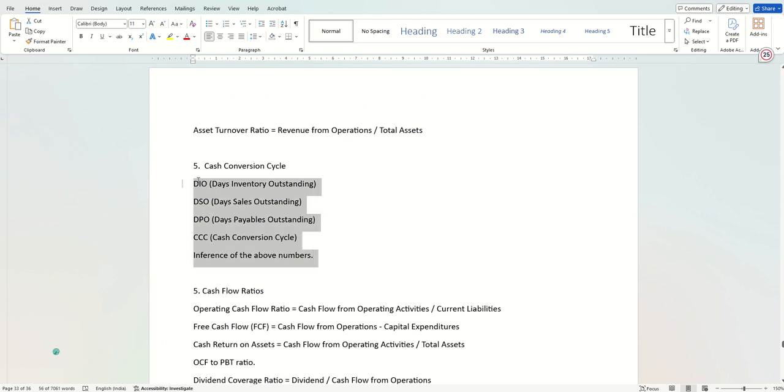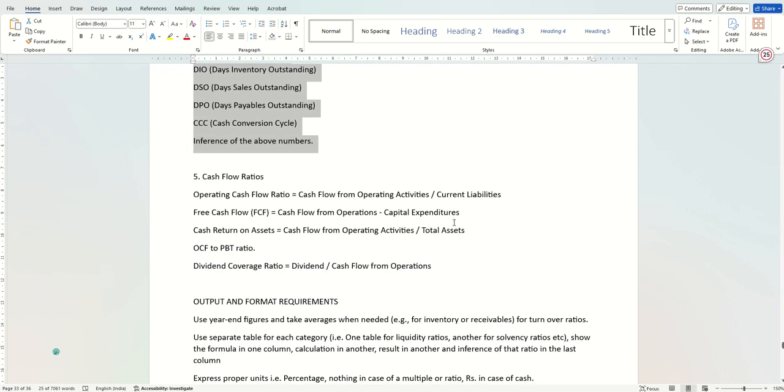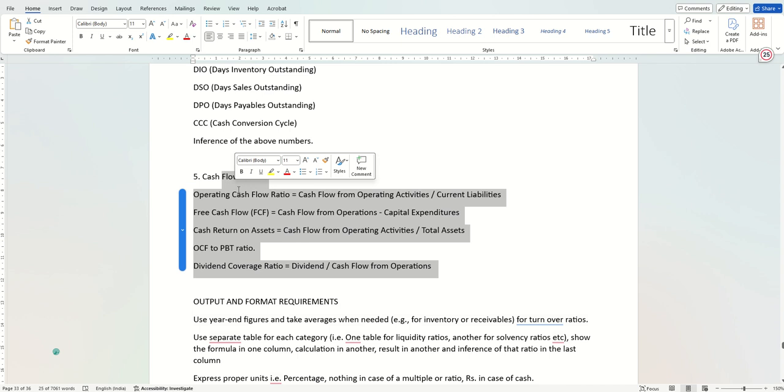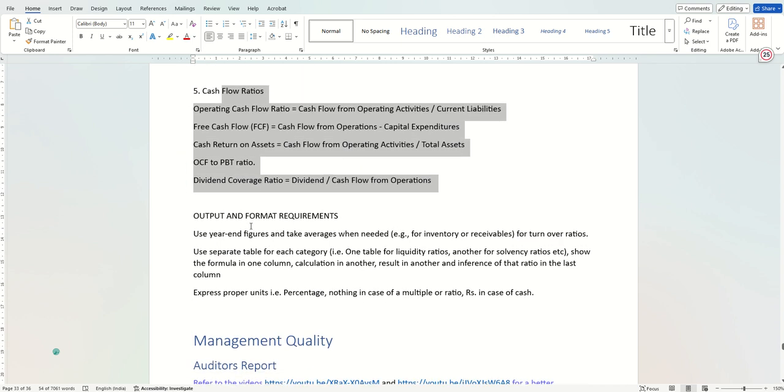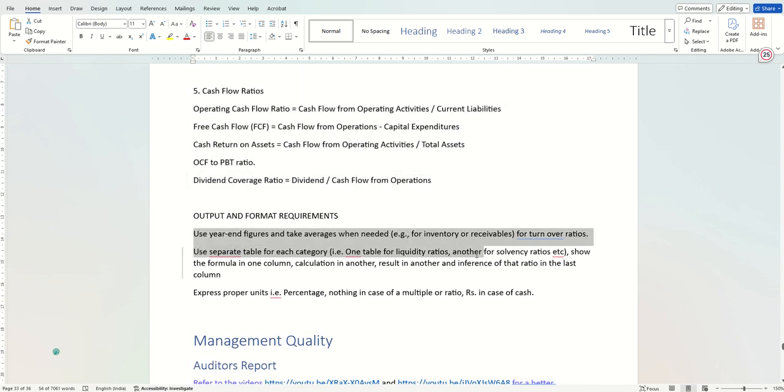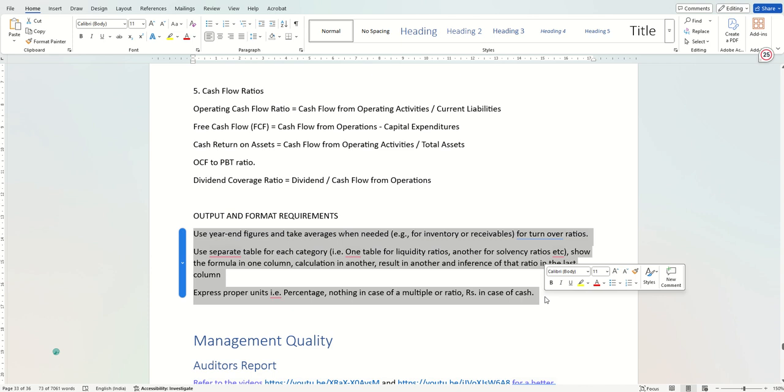This is something a bit unconventional, but I prefer this ratio and a comparison over time to see how the company is improving in terms of holding inventory days, payable days, and finally the cash conversion cycle. This may not be a common use, but I prefer it, so I have added it here. And then come the cash flow ratios. Finally, I'm telling the output requirements, so what different constraints or rules it must follow to share the output.